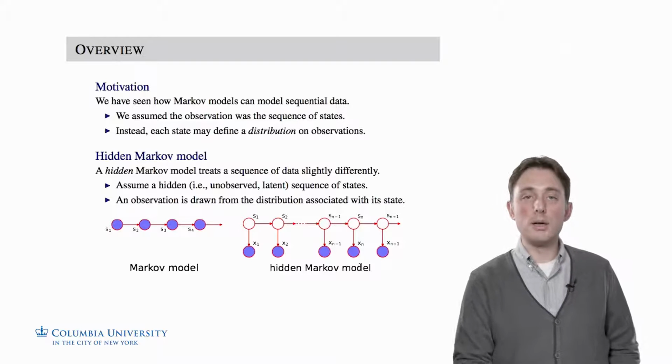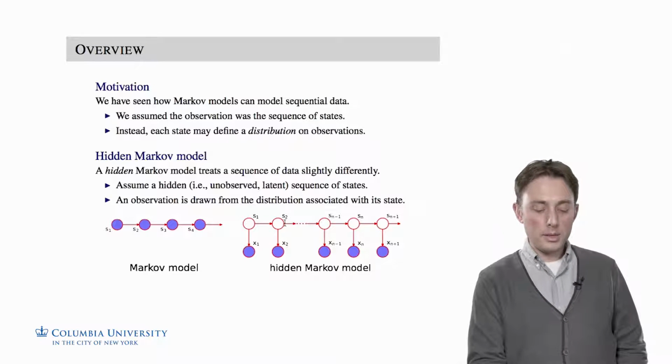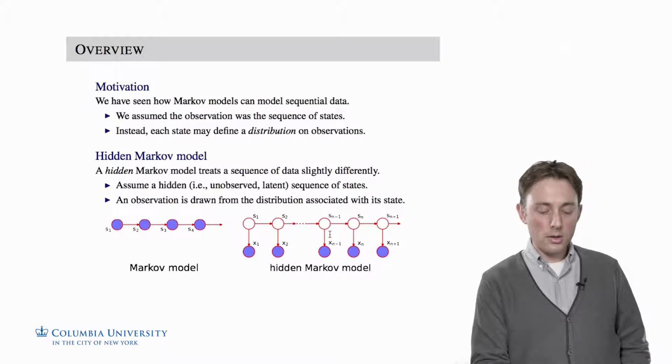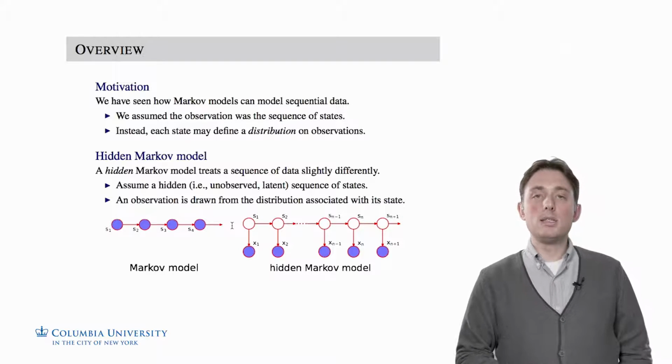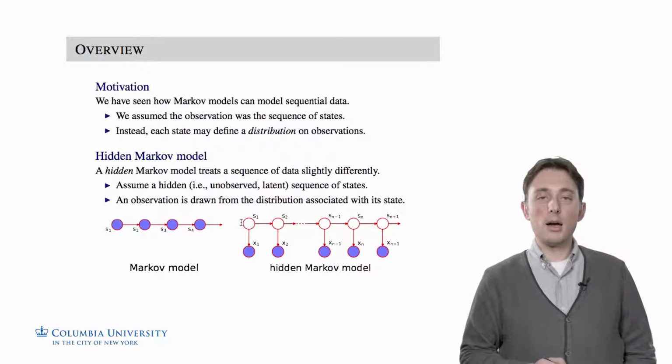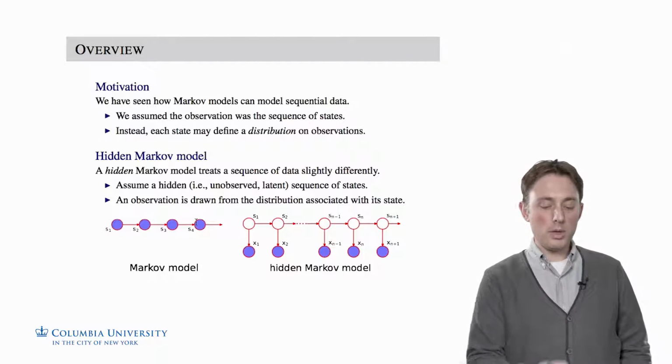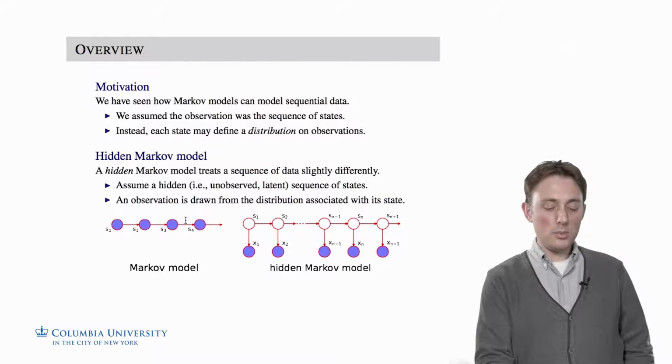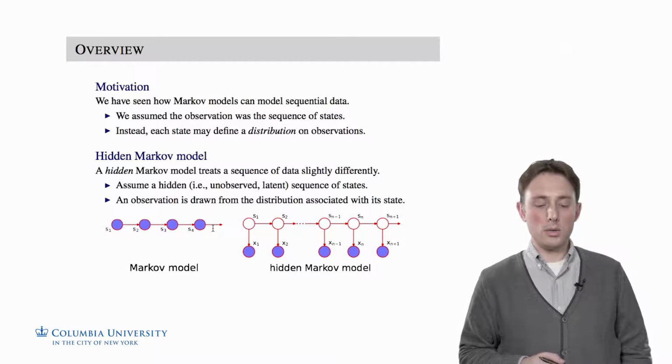Now we're going to end up with something that looks like this, where the state sequence is exactly the same as what we described in the last lecture, only it's not colored in because it's not observed. Here we color it in because we assume that we're observing these state sequences.